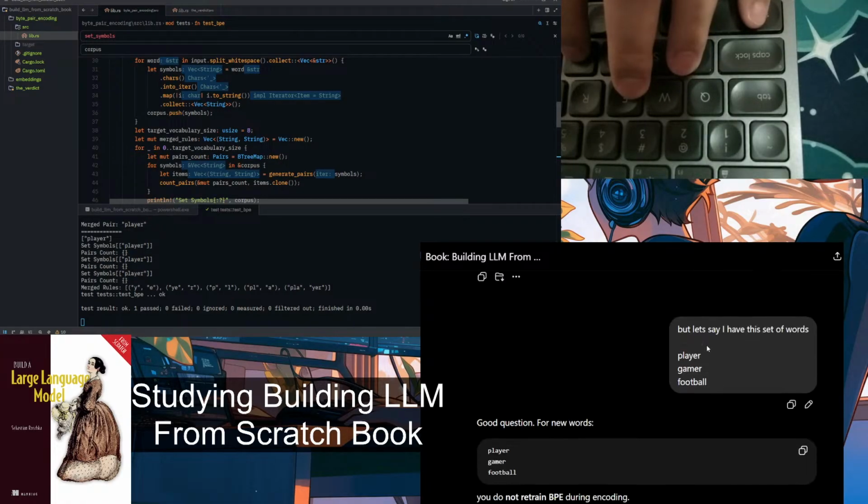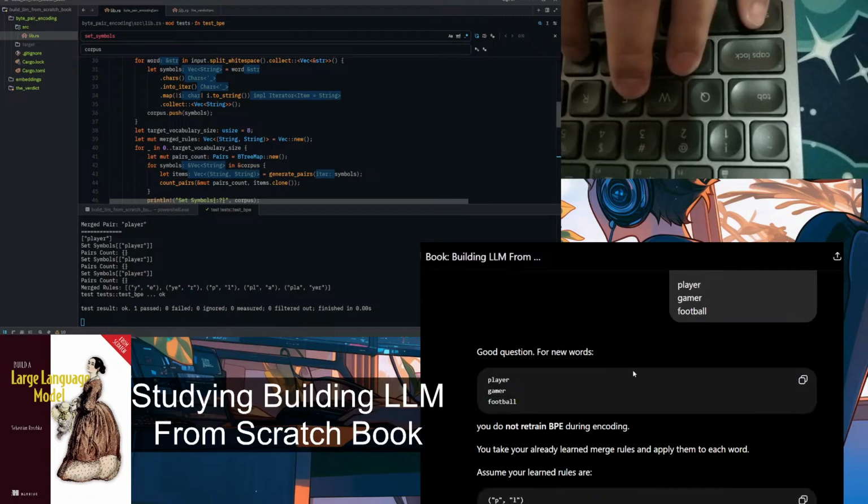Is this valid? You do not retrain BPE during encoding. You take already learned merge rules and apply them to each word.